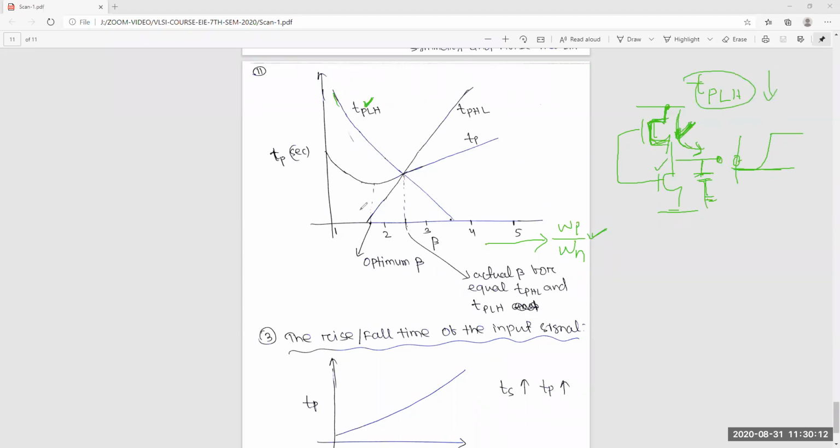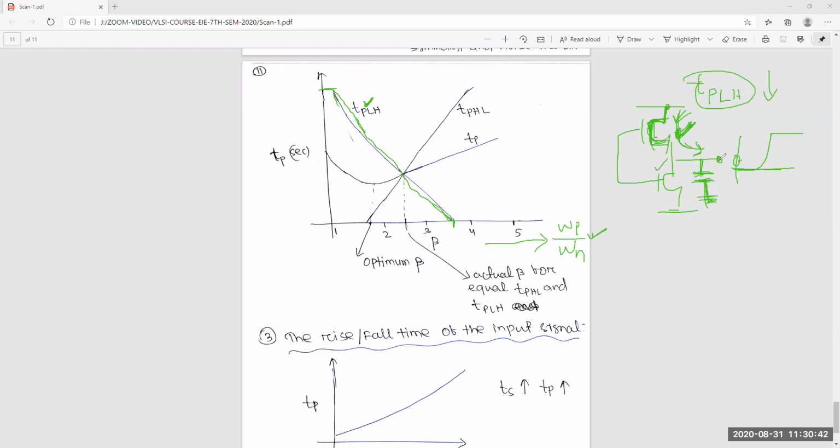Now see, when beta is equal to 1, it's around here. Now beta increases to 3.5, so it is gradually decreasing. Got the point? But simultaneously, what happened? If you are increasing this value, then the intrinsic capacitance due to this PMOS is also added to the CL. Yes or no? Yes, sir. Okay.